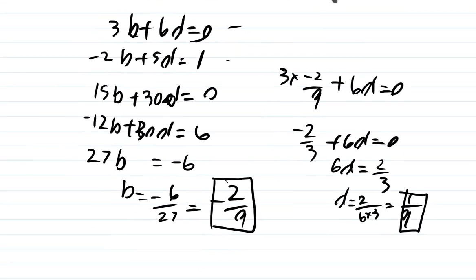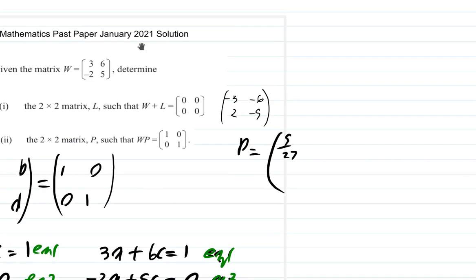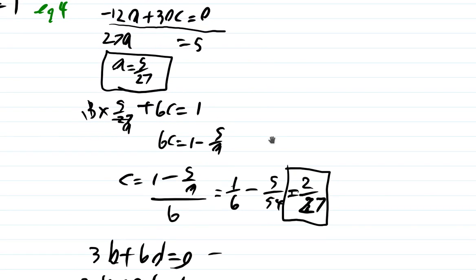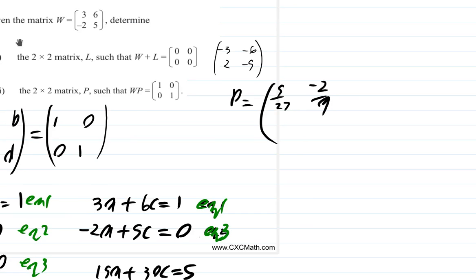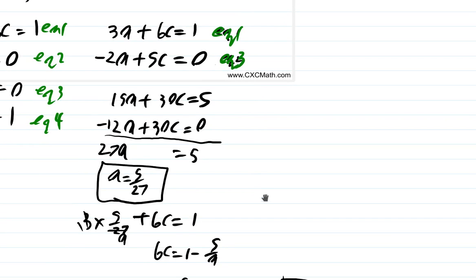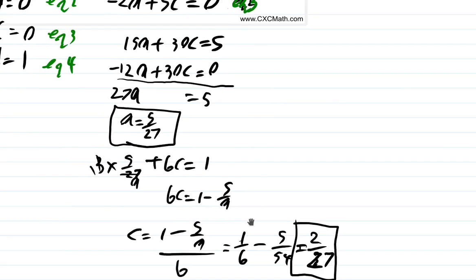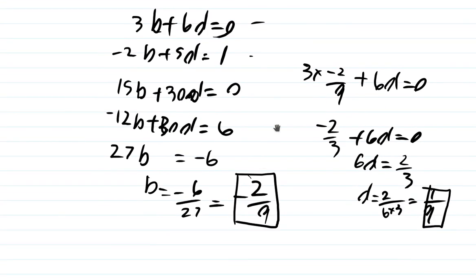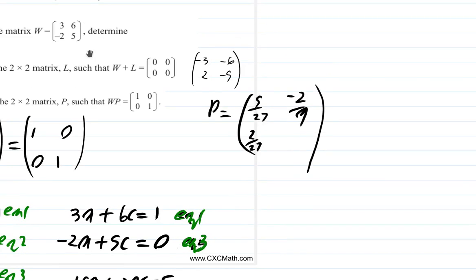Well, B is negative 2 over 9. C is 2 over 27. And then D. What was D again? D would be 1 over 9. Alright? So that's one way you could get it.